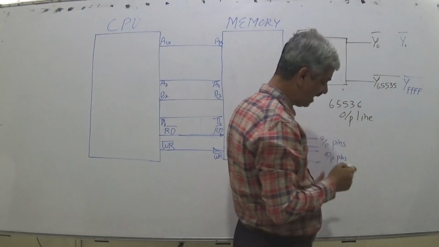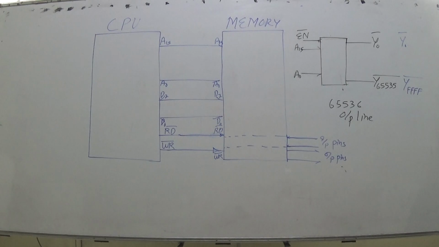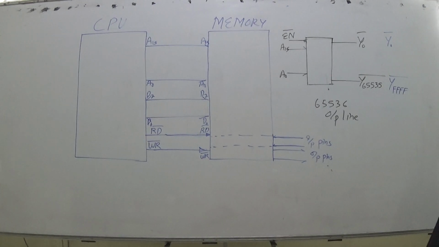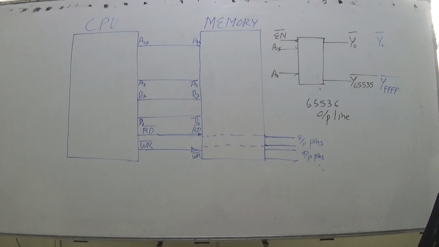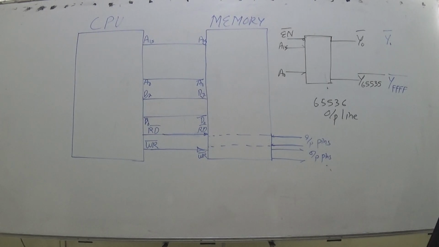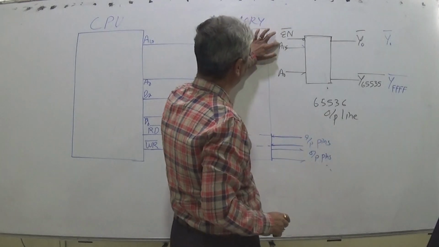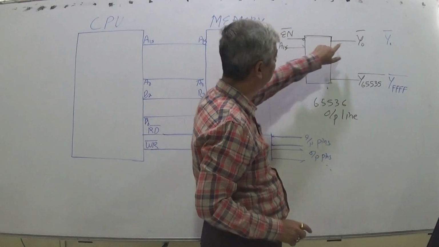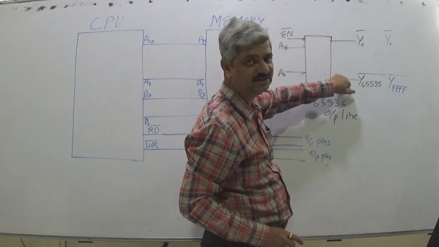So Y0 bar to YFFF bar. There are 65,536 output lines for a decoder. When A15 to A0 are all zeros, this output line goes low and all other output lines are high.